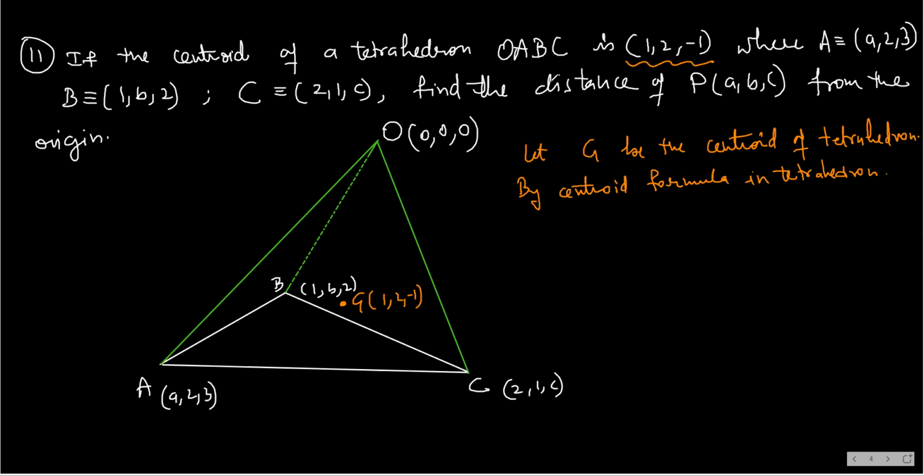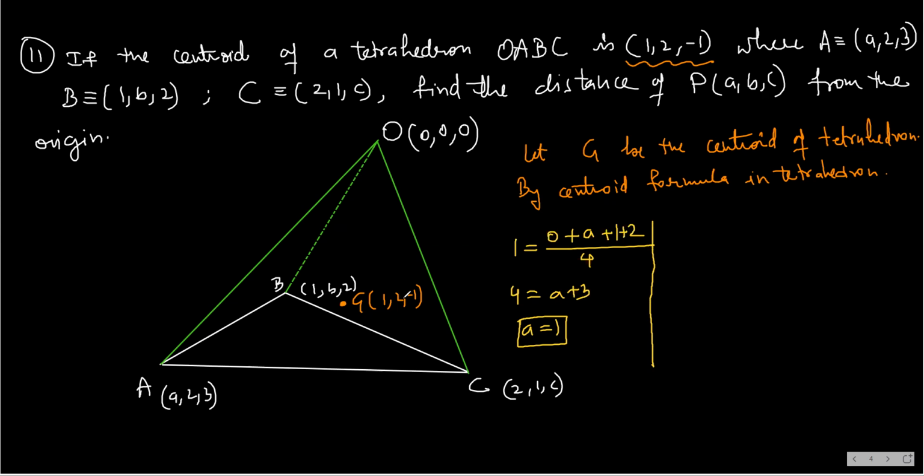So 1 equals (0 plus a plus 1 plus 2) upon 4. So 4 equals a plus 3, and a equals 1. So I got a.